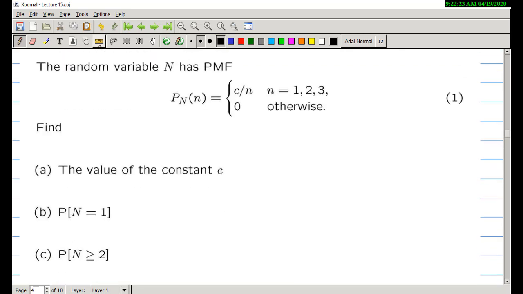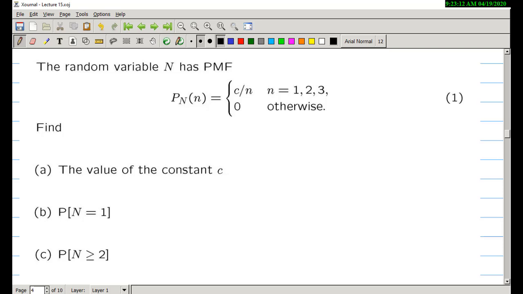It says that the random variable N has PMF, and P_N of n is equal to C over n for n equal to 1, 2, 3, and 0 otherwise. So we have to first find the constant value C. How can we find out the constant C?